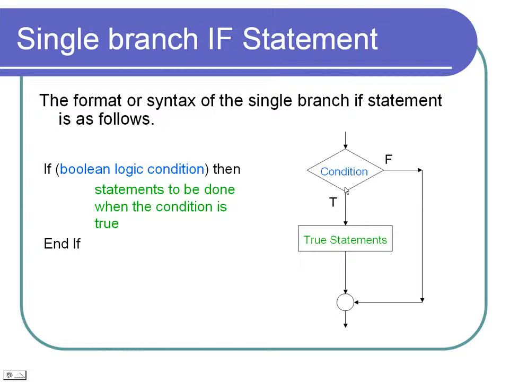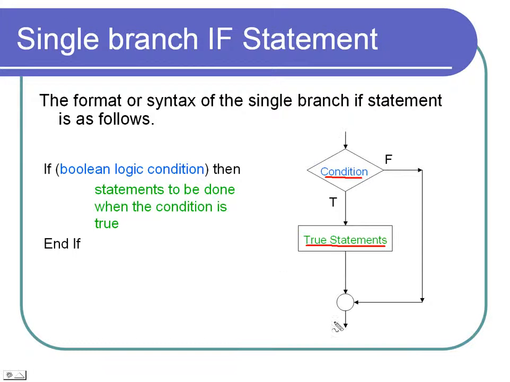Now, here's some flowcharting, and we'll get into flowcharting in another program because you do need to understand some ways of mapping out the logic of your program. In this particular area, the condition is represented with a diamond shape. Diamond shapes represent conditions, and rectangular shapes represent statements or processes, things you're going to do.